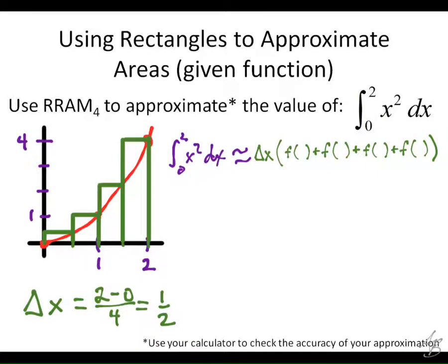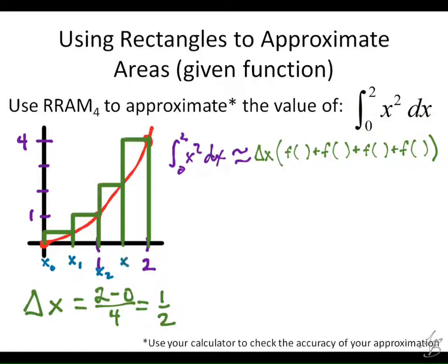So what we need to do is figure out what we're going to put into each one of these. Since we're using the right endpoint, a common notation, this is the notation I'm going to use, the left endpoint we would call x sub 0. The right endpoint of that first subinterval we'll call x sub 1. The right endpoint of the second interval we'll call x sub 2.